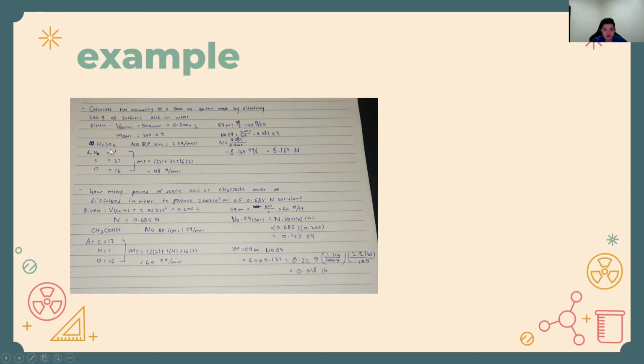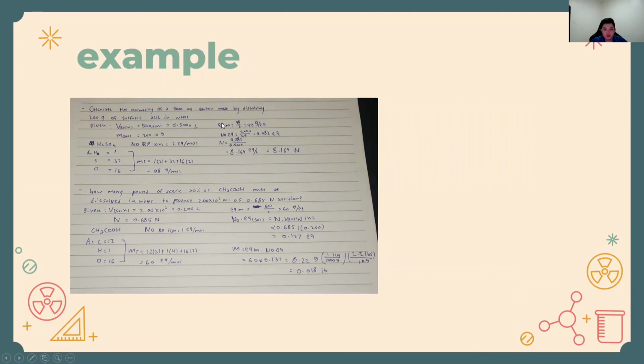The substance is H2SO4. First, we search for the AR, which is H, S, O. H is 1, S is 32, O is 16. We find the MR, 1 times 2 plus 32 plus 16 times 4, 98 gram per mole. And then we find the number of replaceable ion, 2 EQ per mole.